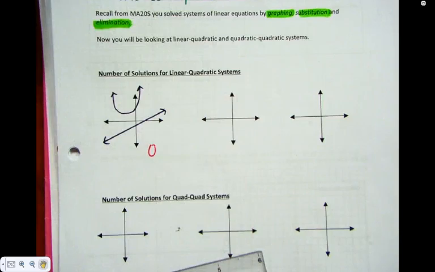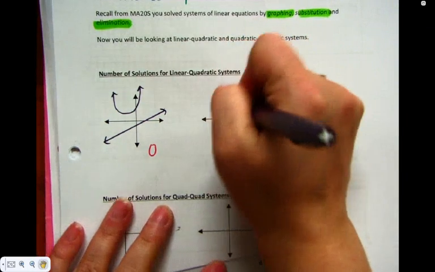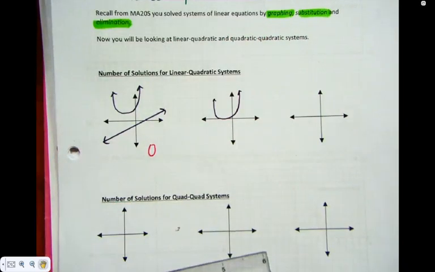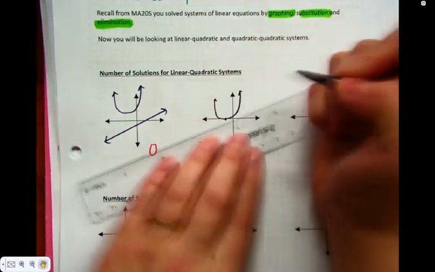What's another situation? How could you have one solution? What would the graph look like? Okay, so a parabola. And where does the line have to be, touching it specifically where? Right on the vertex.